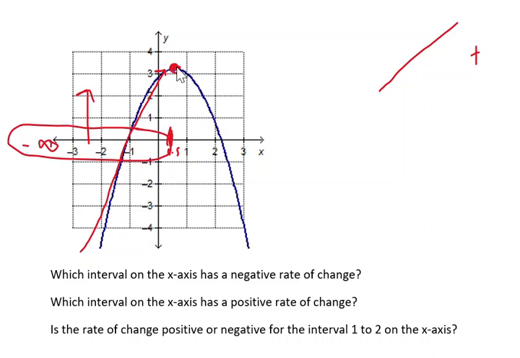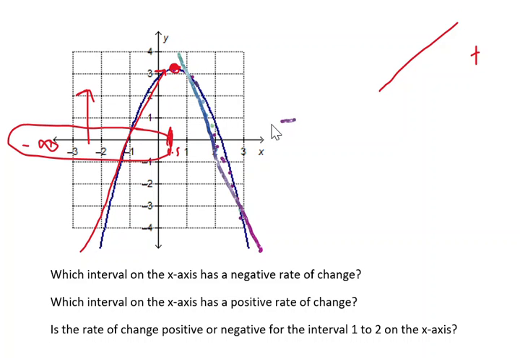Whereas once we get to the vertex, our vertex is our highest point. Looks like we're right around 3-ish. Then we start decreasing. And now you can see all those y values, and again, we read a graph from left to right. So when you go from left to right, we see that those y values are decreasing to the right of the vertex.